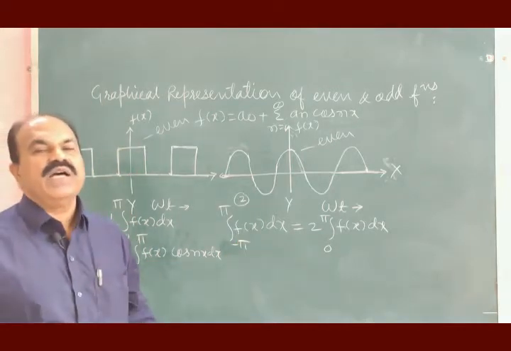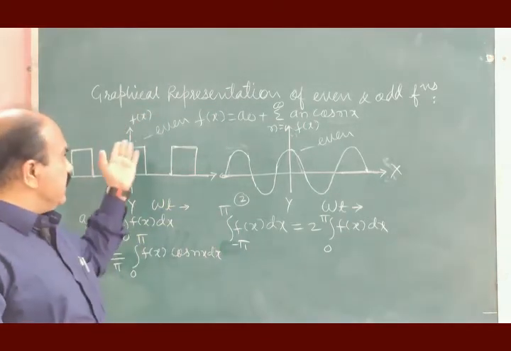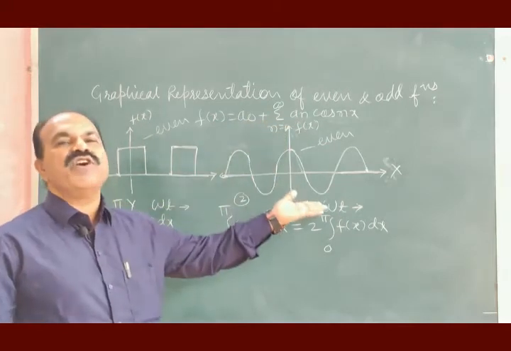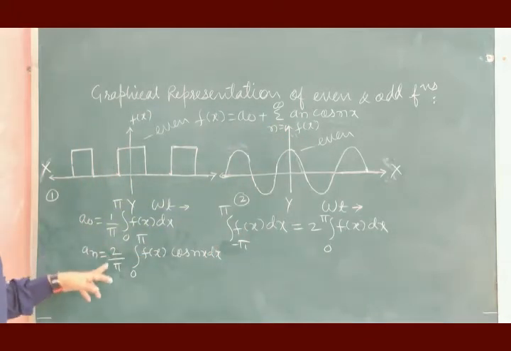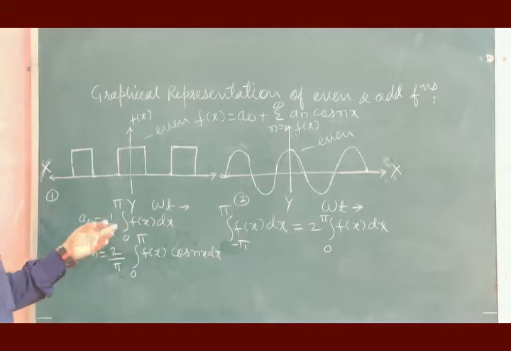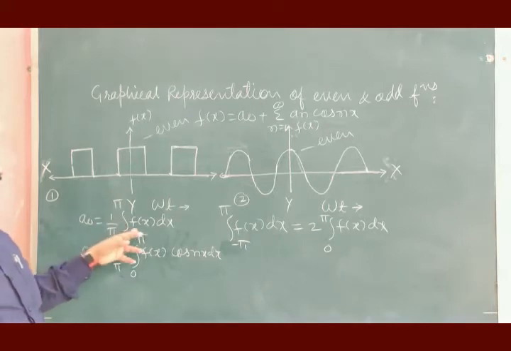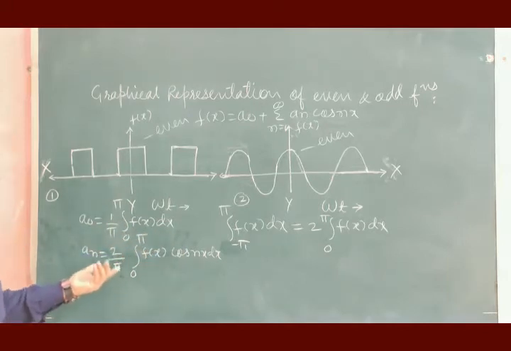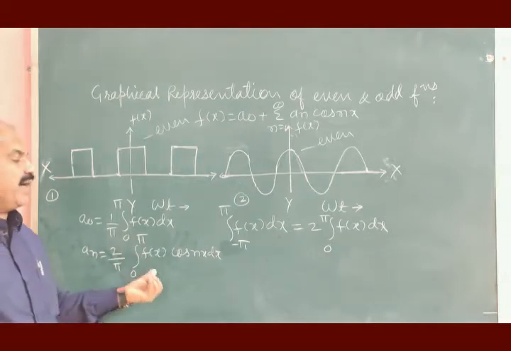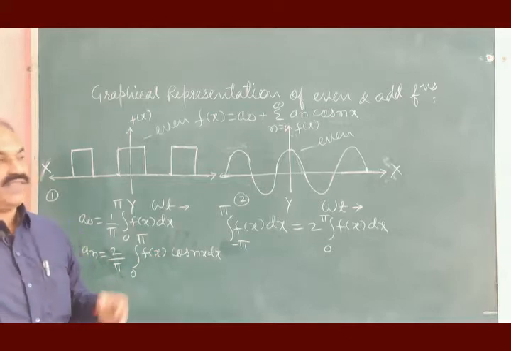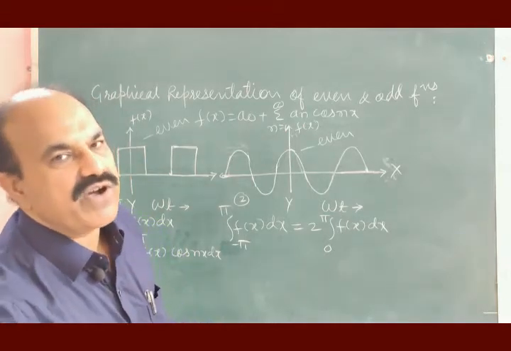Okay, this is about graphical representation of even functions and Fourier series for these even functions, where the coefficients a0 and an are given by these formulas. a0 is given by 1 divided by pi integration with respect to x within the limits 0 to pi f of x dx, and an is 2 divided by pi integration with respect to x within the limits 0 to pi f of x cos nx dx. This is about graphical representation of even functions.